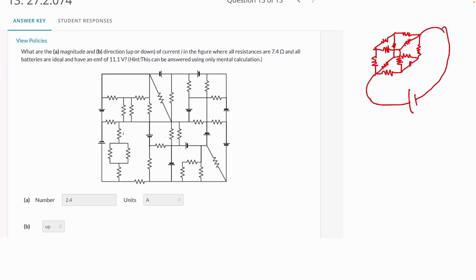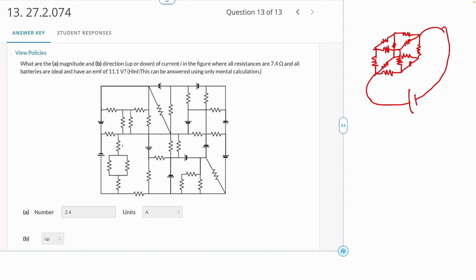All right, so we are trying to find the current right there in this resistor, right? It's unavoidable to have to combine these 3 resistors together. But they're all the same, aren't they? Doesn't it say all resistances are the same? So R, R, R, and R, right?